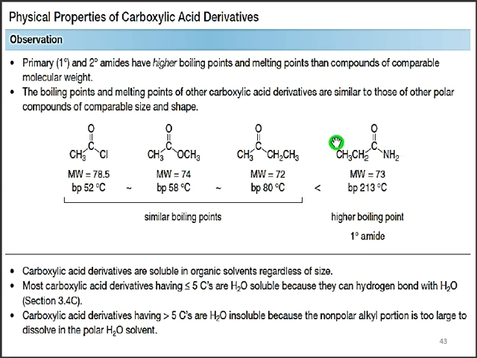And also, if you compare the amide with other carboxylic acid derivatives of similar molecular weight, the amide has a higher boiling or melting point because of the ability to make hydrogen bonds. And then the carboxylic acid derivatives are soluble in organic solvents. Most carboxylic acid derivatives having five carbons or fewer are water soluble, because they can hydrogen bond with H2O.